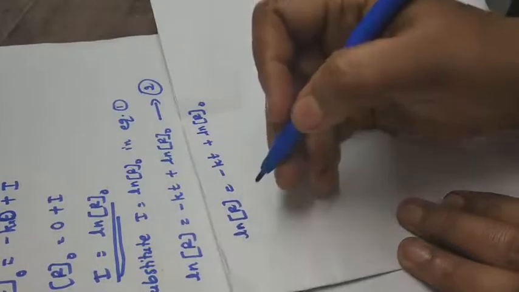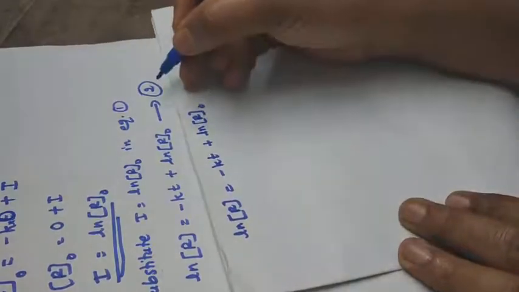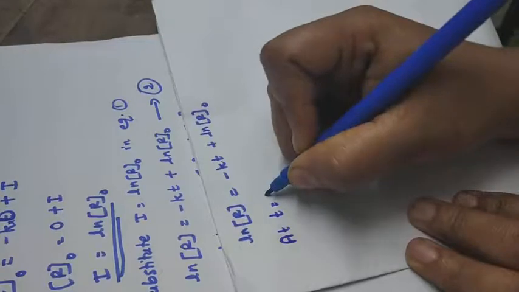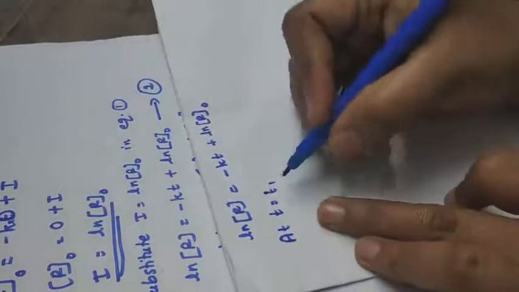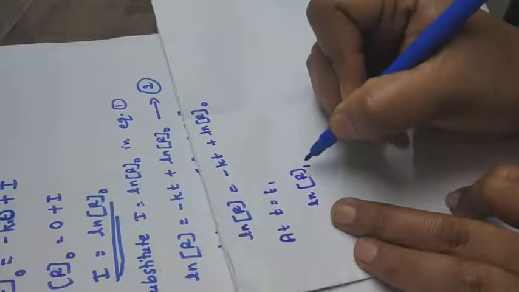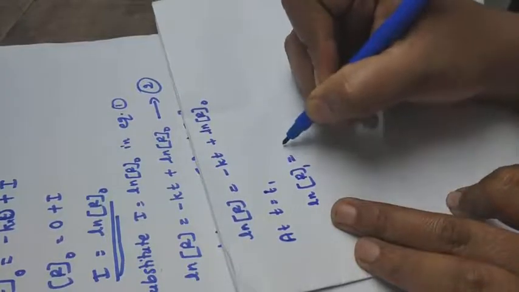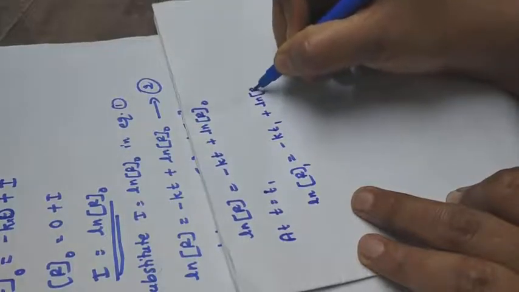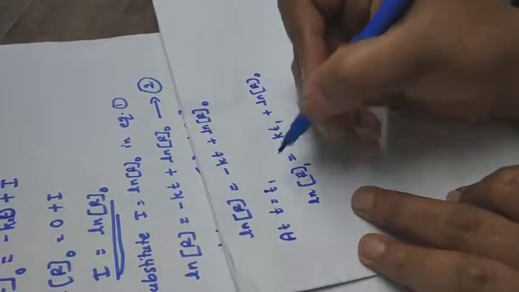So now using this equation 2, at time t1, I'll write the equation: ln R1 equals minus kt1 plus ln R naught at time t1.